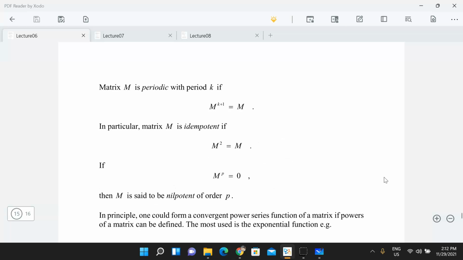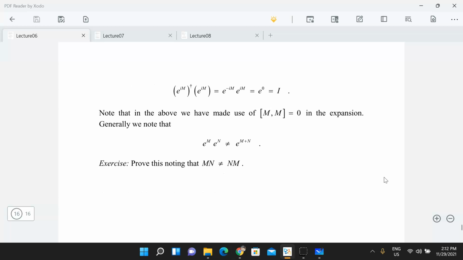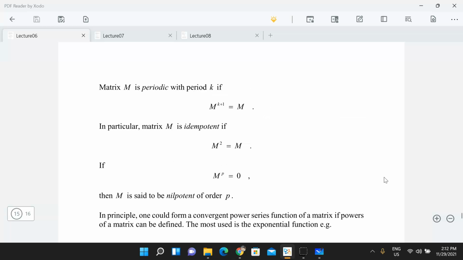I think we have done mentioning all these special methods, and probably we stop around here, essentially looking at functions of matrices.